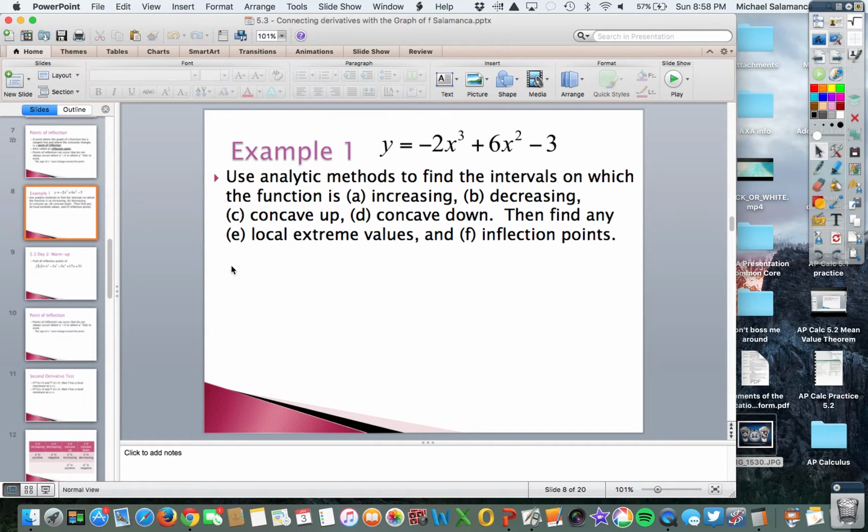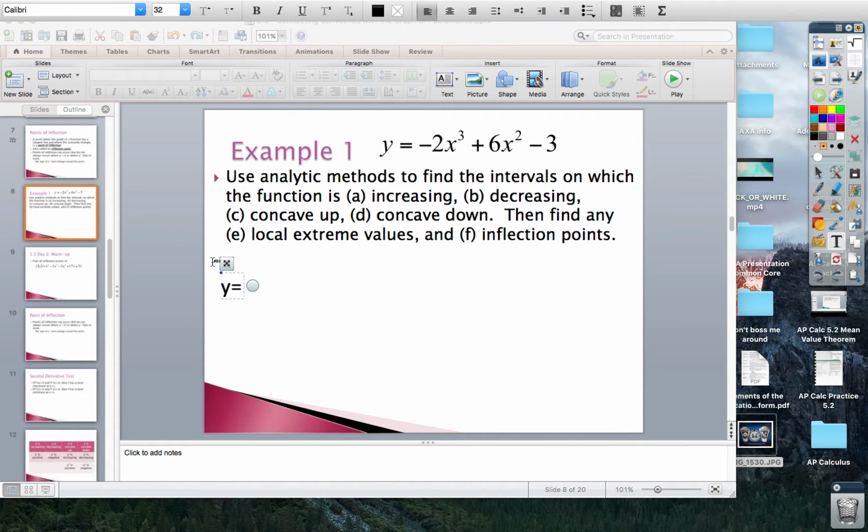So for the first one, first thing we're going to do is find the first derivative. So the first derivative here is equal to negative 6x squared plus 12x. So notice all we've done so far is find the first derivative.